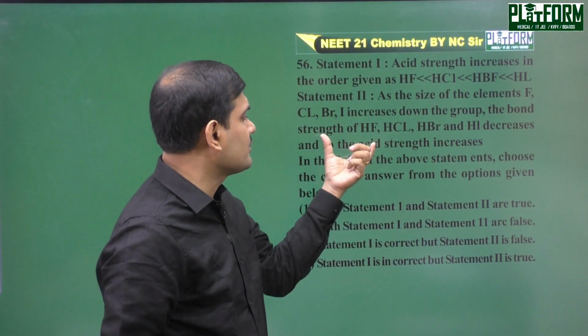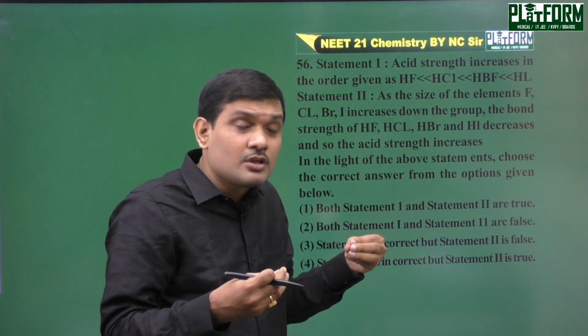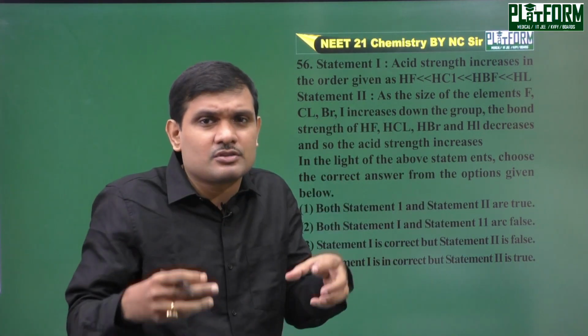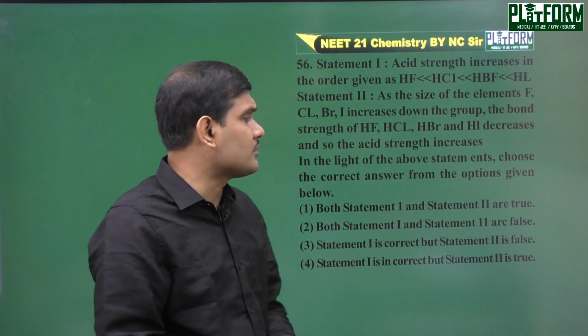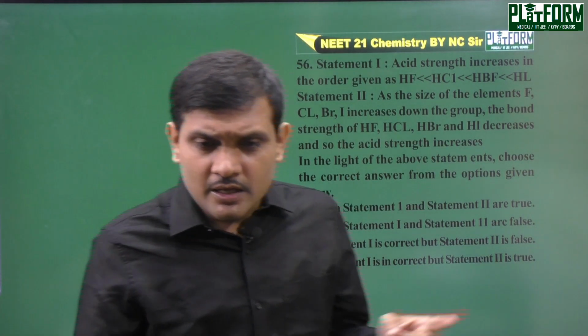The size increases, and as the size increases, definitely the bond strength between H and X, between H and halogen, weakens, the bond strength decreases, and that is why the acidic strength increases. So statement 1 given, the acidic strength HF, HCl, HBr, HI, that value increases down the group, and the explanation given in statement 2, as the size increases, the bond between H and halogen weakens, and that is why acidic strength increases.